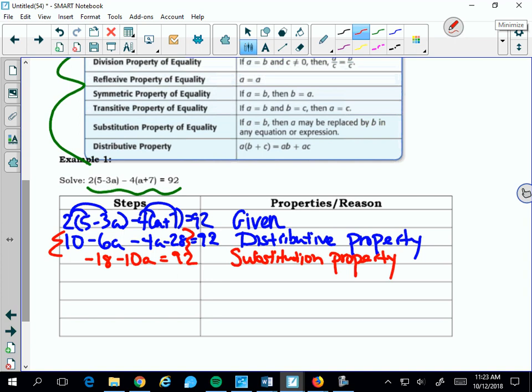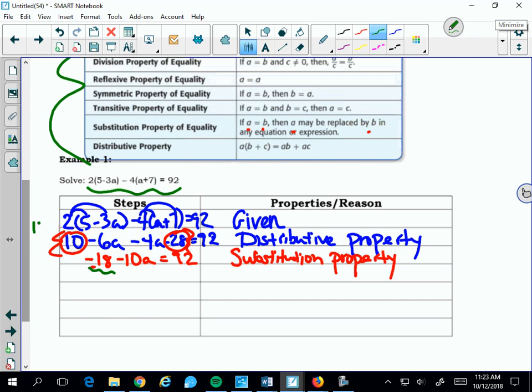Because the substitution property says if I have one thing equal to another thing, aka if I have a equal to b, I can substitute a with b. The reason this is substitution is because I know when I do this operation, it is going to be the same thing as this.